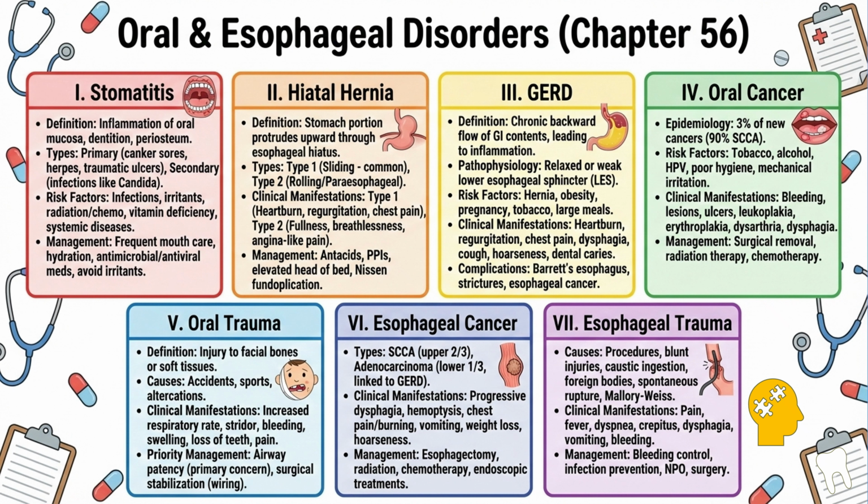Esophageal cancer, often asymptomatic until advanced, has a poor prognosis. Types include SCCA, usually in the upper middle esophagus, and adenocarcinoma, typically at the GEJ, the junction, and linked to GERD.